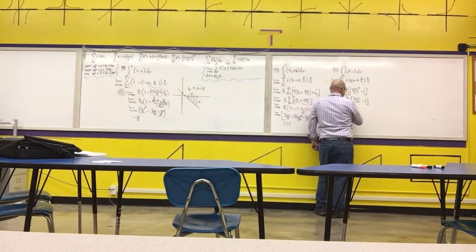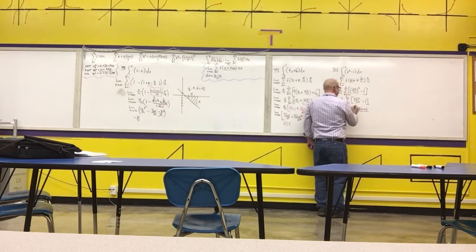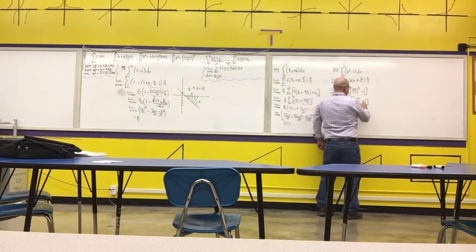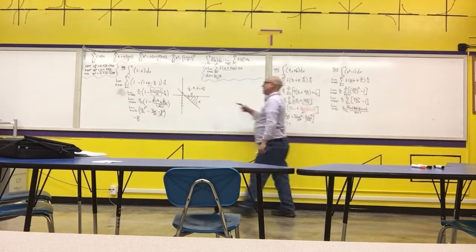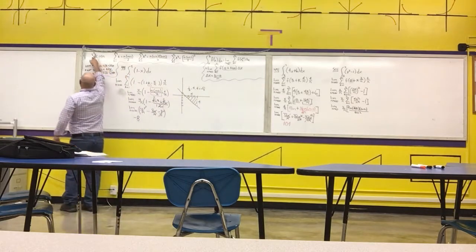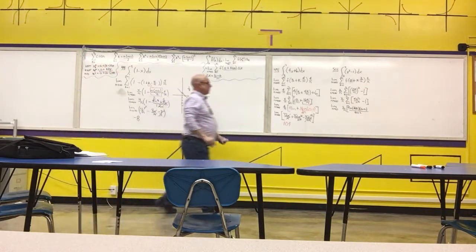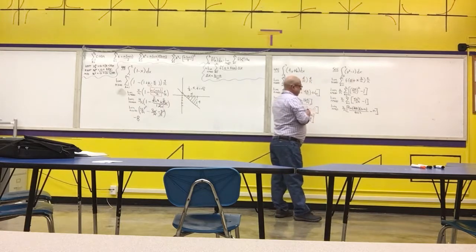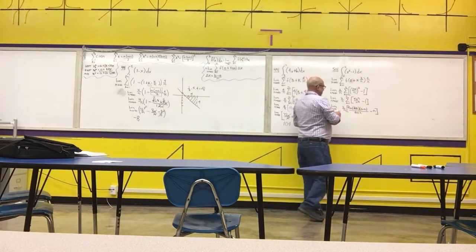So I have 4 times n, actually I'm going to write n plus 1, times 2n plus 1, all over 6n squared, minus 1. 1's a constant, so I'm going to end up with a minus n. Distribute.